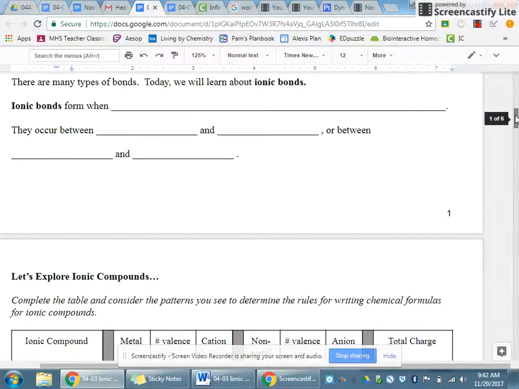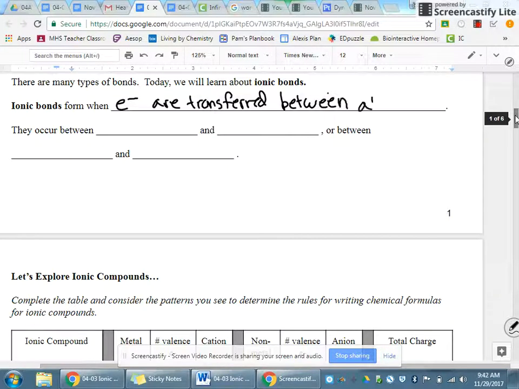So there are many types of bonds. Today we're going to be specifically focused on ionic bonds. Okay? Ionic bonds form when electrons are transferred between atoms. What does that mean to transfer?